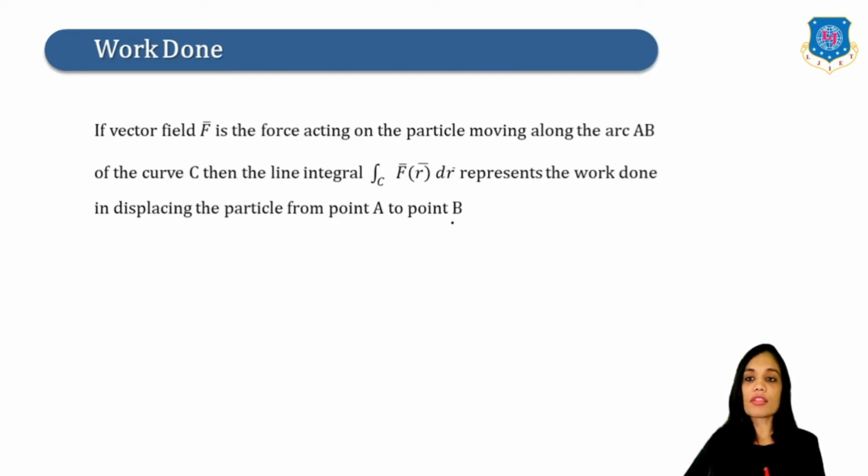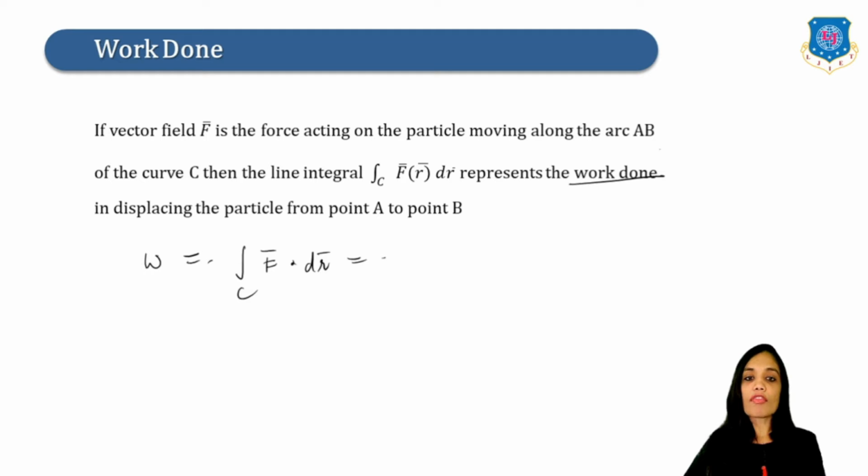Okay, so next let us study the definition of work done. If the vector field F bar is the force acting on a particle moving along the arc AB of the curve C, then the line integral over C of F bar dot dr bar represents the work done in displacing the particle from point A to point B. In short, work done W is equal to the line integral over C of F bar dot dr bar.